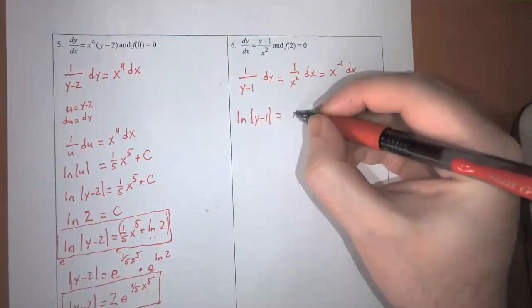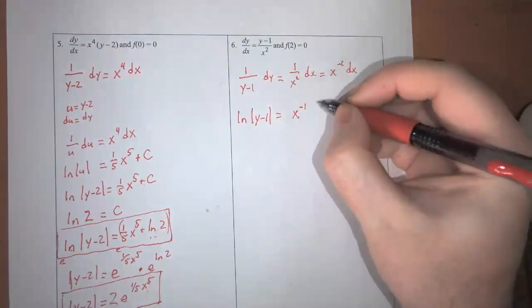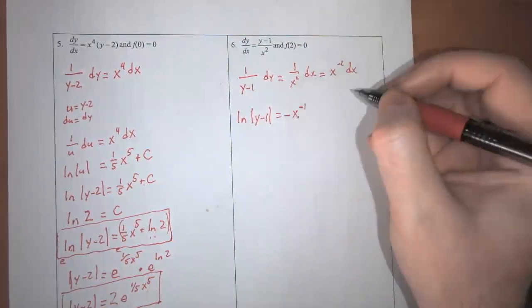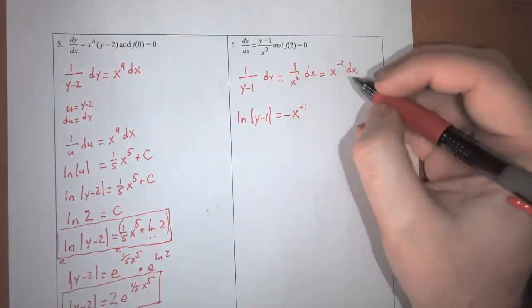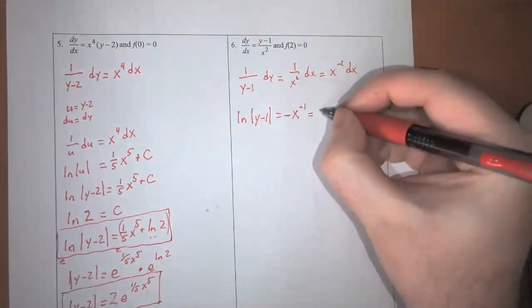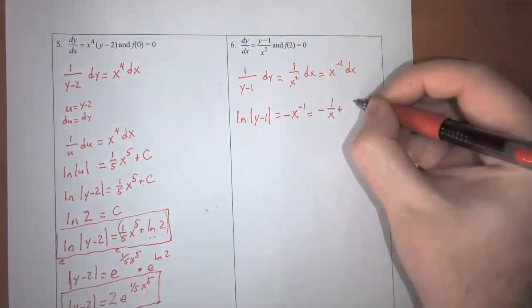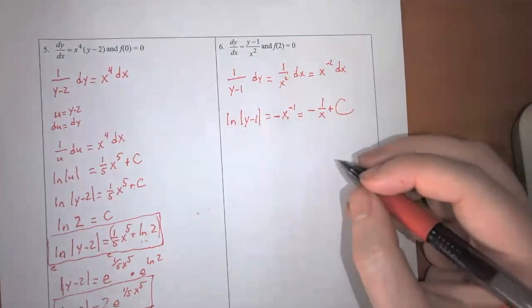So it's going to be x to the negative 1, and then I divide the coefficient by negative 1, which is going to give me a negative over there. Or I can write that as negative 1 over x. And once again, I'm going to toss in a constant term.